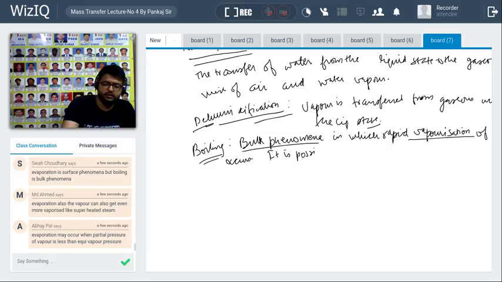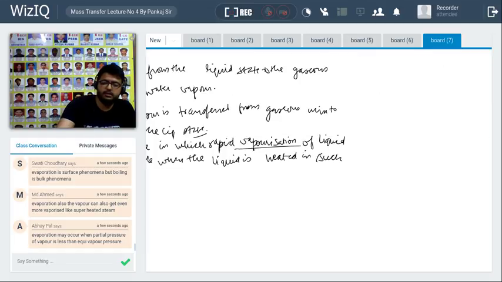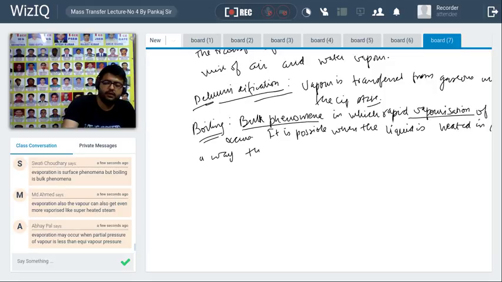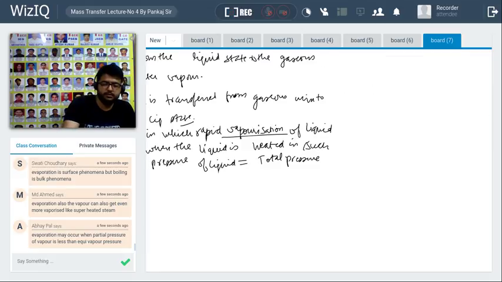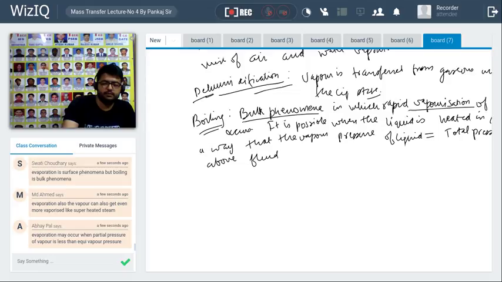It is possible when the liquid is heated in such a way that the vapor pressure of the liquid becomes equal to the total pressure above the fluid surface.